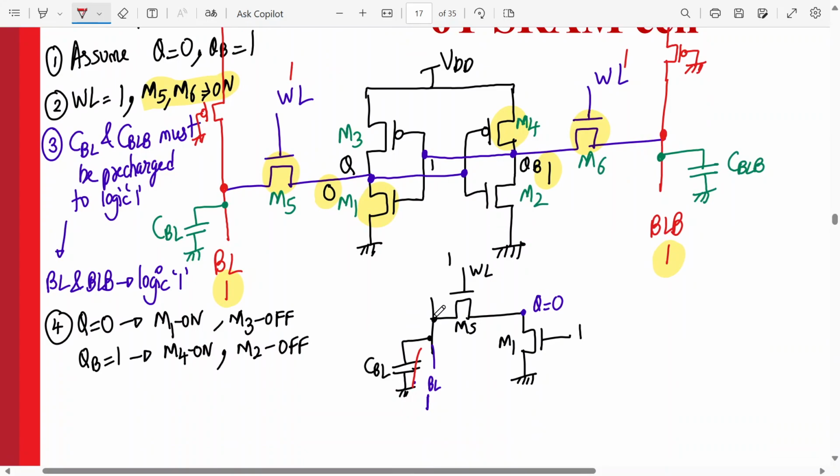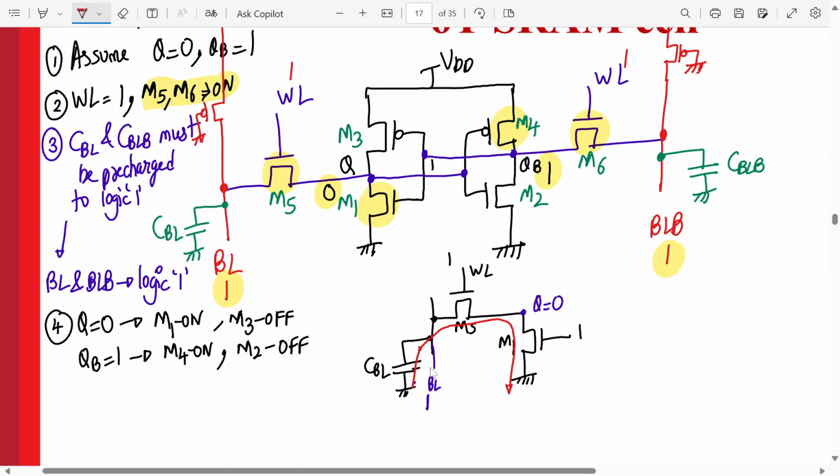Now both are 1. Now this is the voltage difference between BL and Q. So what will happen is this charge is stored. CBL is initially pre-charged to VDD. So now it will decrease and go toward 0. Yes or no? Agree? So your CBL will discharge slightly via M5 and M1 because both are on.